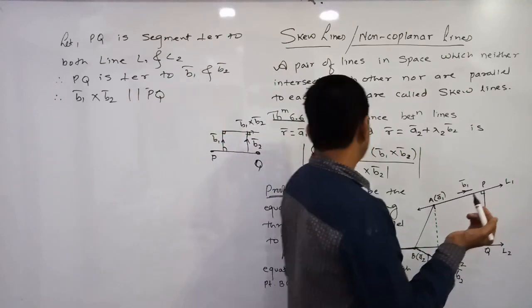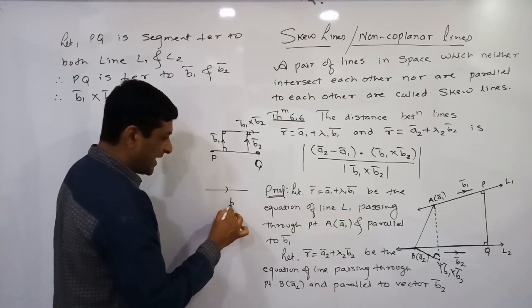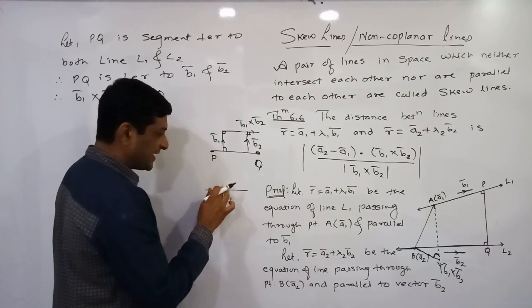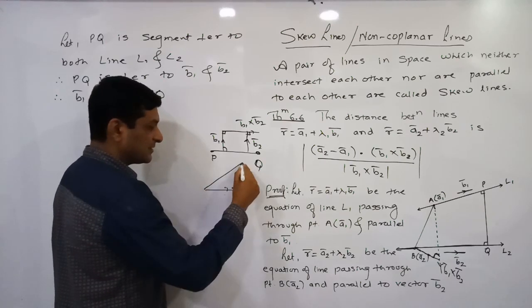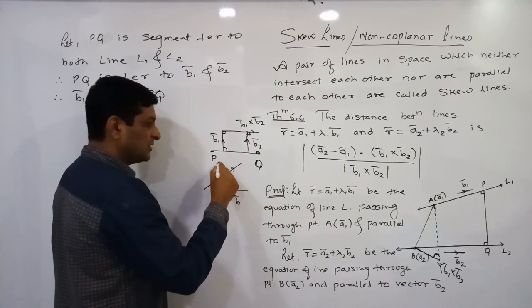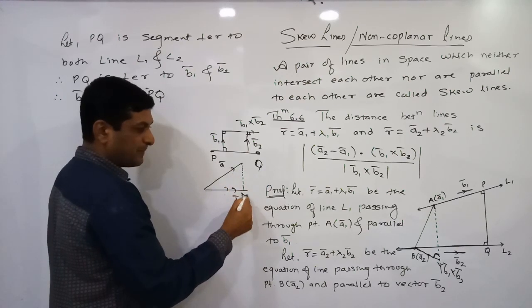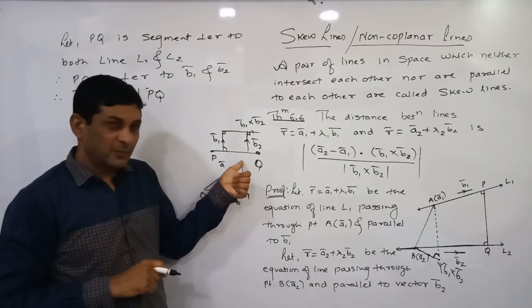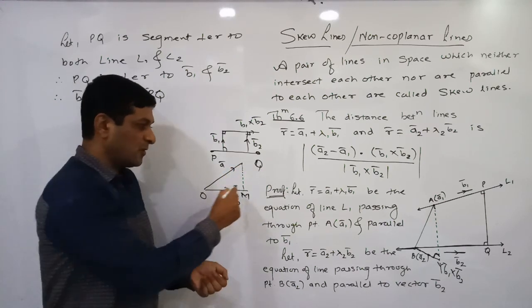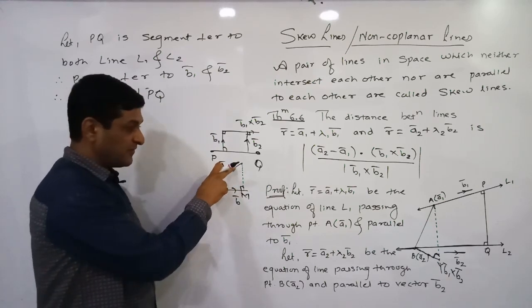Let this be vector B bar and this be vector A bar. Through the terminal point of vector A bar, draw a perpendicular on B bar. Let their initial point be O. Then this OM is called the projection of A bar on B bar.